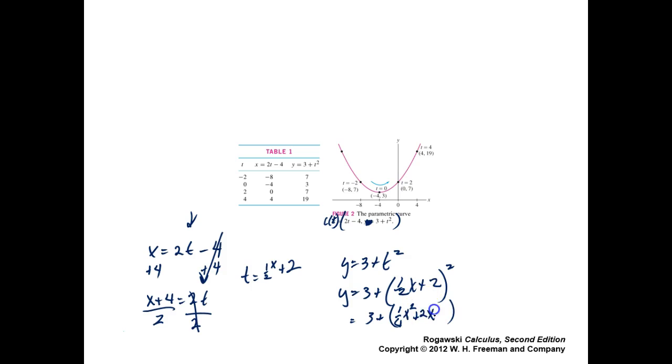Excellent. Last part's easy. Plus 4. Okay. Now, really didn't need that in parentheses like that. Your y is equal to 1/4 x squared plus 2x plus 7.